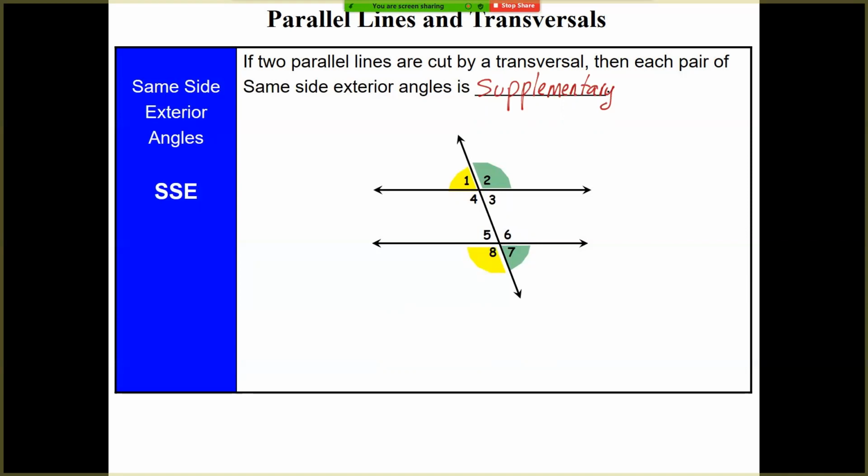And then here I have highlighted angle 1 and angle 8 are same side exterior angles that are supplementary. So angle 1 plus angle 8 has to equal 180 degrees. And angle 2 plus angle 7 also equals 180 degrees. That's what it means to be supplementary.